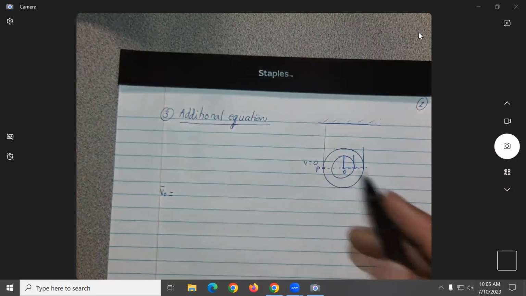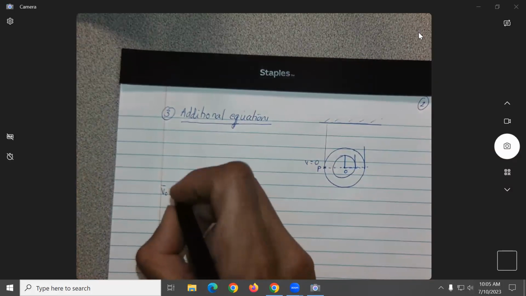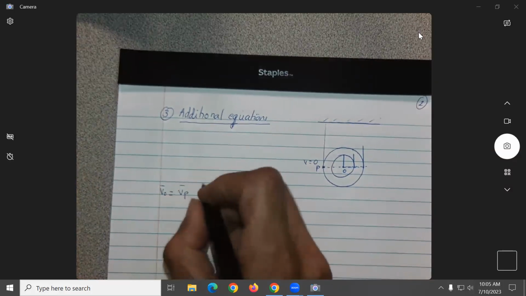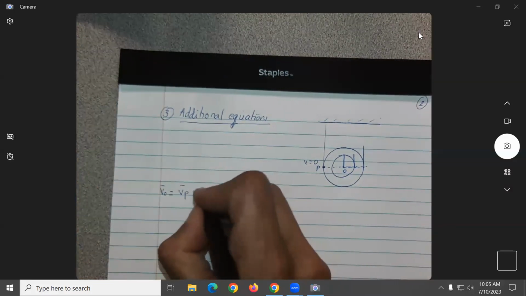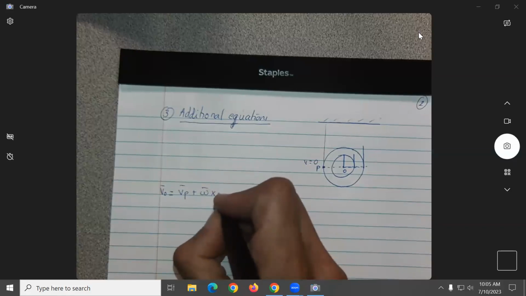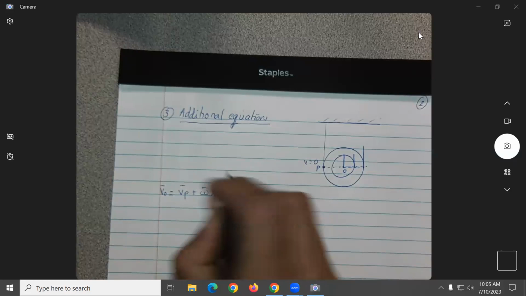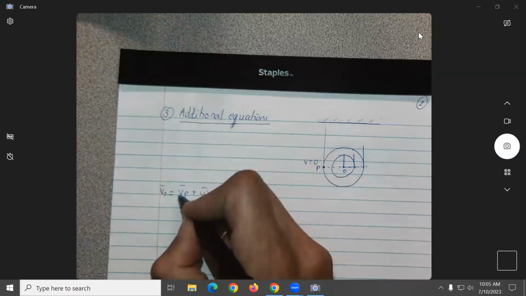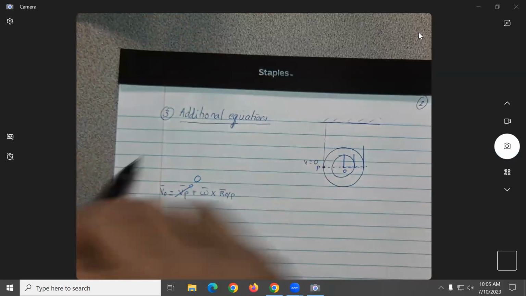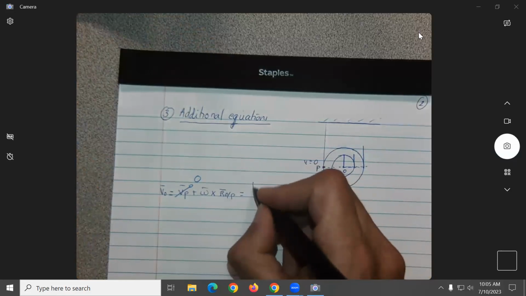We know the velocity of P is 0, no? It's an instantaneous center. So VO would be equal to VP plus omega cross R of O with respect to P. VP is 0. I might give too many details for this one, but it's not going to hurt.